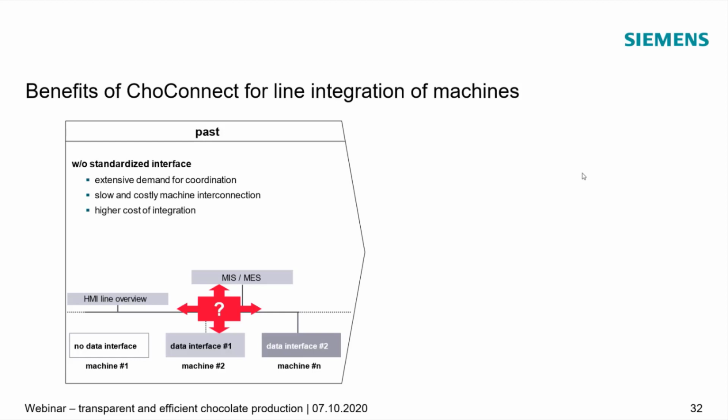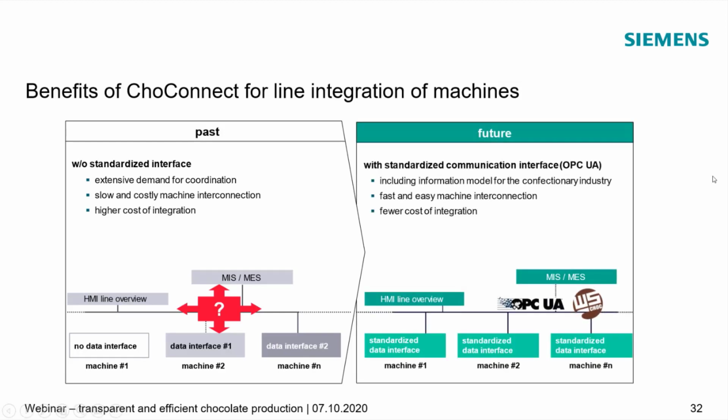By using a standardized interface, as you can see on the right side of the slide, machine interconnection becomes fast and easy. OPC UA as a vendor-independent communication standard is the way to go here. The Weihenstephan companion specification for chocolate enhances the standard with an information model that is well suited for applications in the confectionery industry.